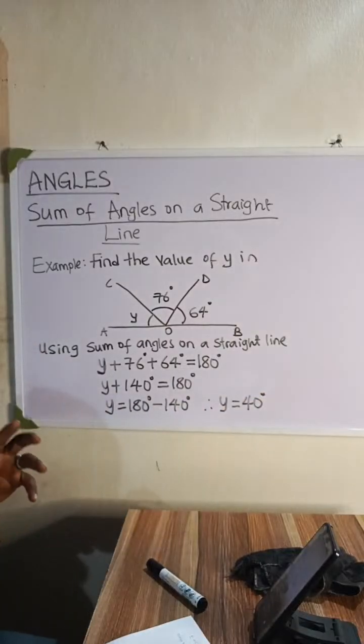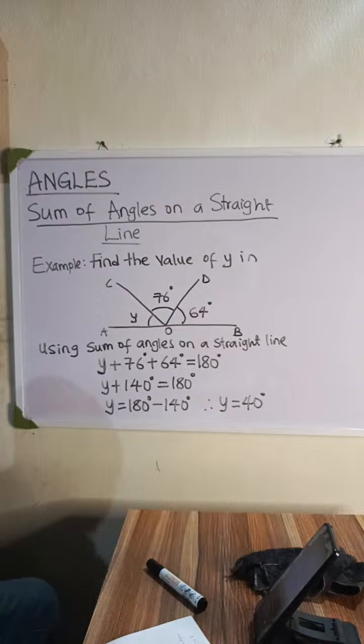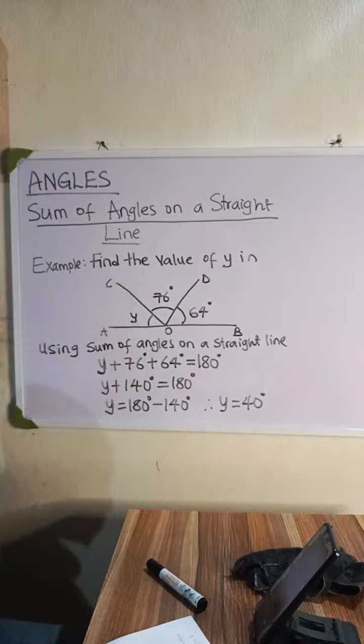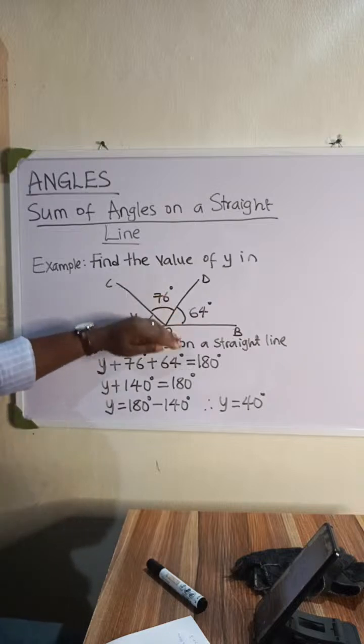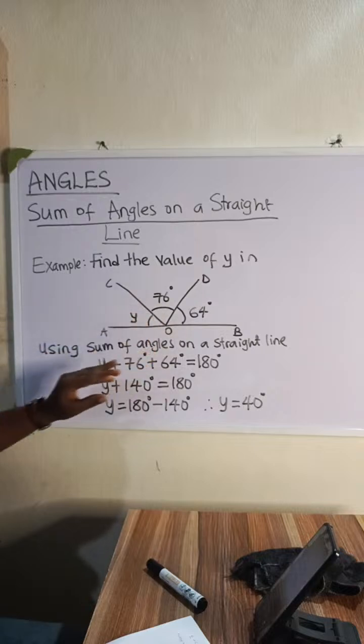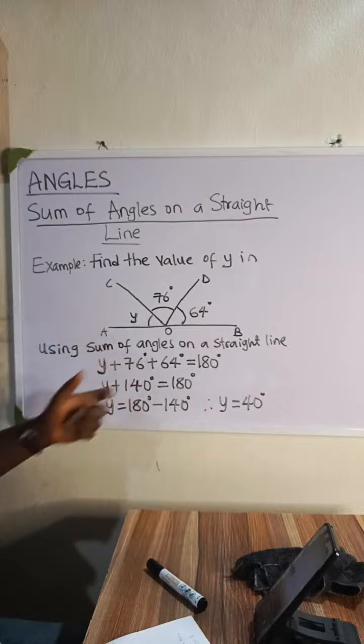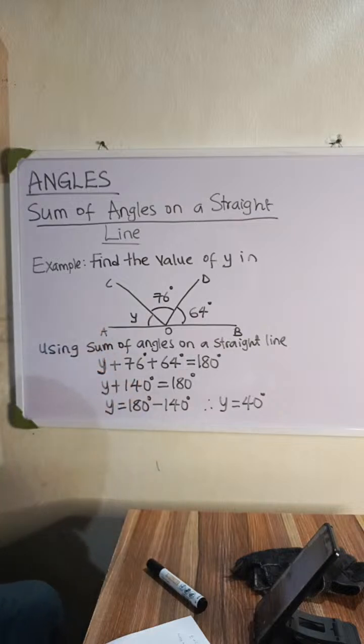So we've used this principle to find the value of y. When you have angles that are on a straight line, you can simply add all of them, equate them to 180 degrees, and then find the missing angle.